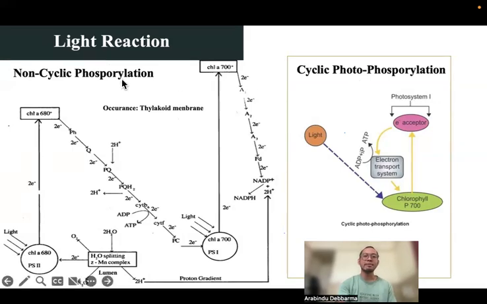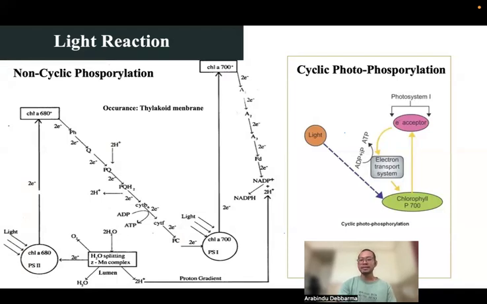So what exactly happens in non-cyclic photophosphorylation? Water is split in the presence of zinc and magnesium into two electrons and two protons. These electrons are now accepted in photosystem 2, where light is also absorbed at 680 nanometer.